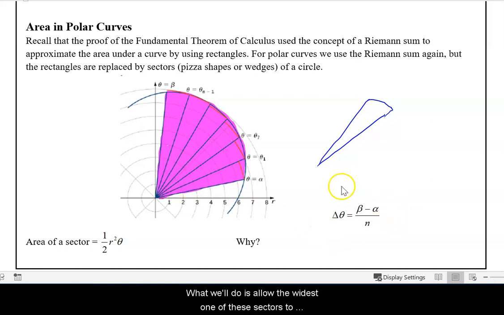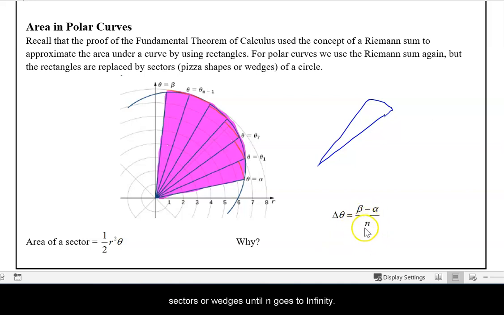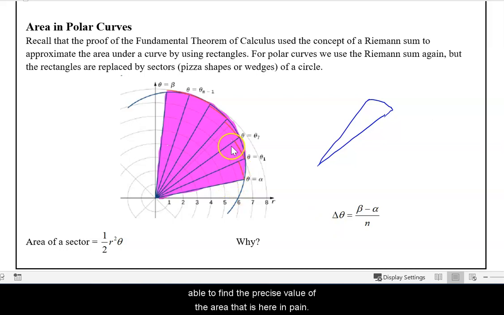What we'll do is allow the widest one of these sectors to go towards 0, meaning that we take more and more sectors or wedges until n goes to infinity. When that happens and we take that limit, we should be able to find the precise value of the area that is here in pink.